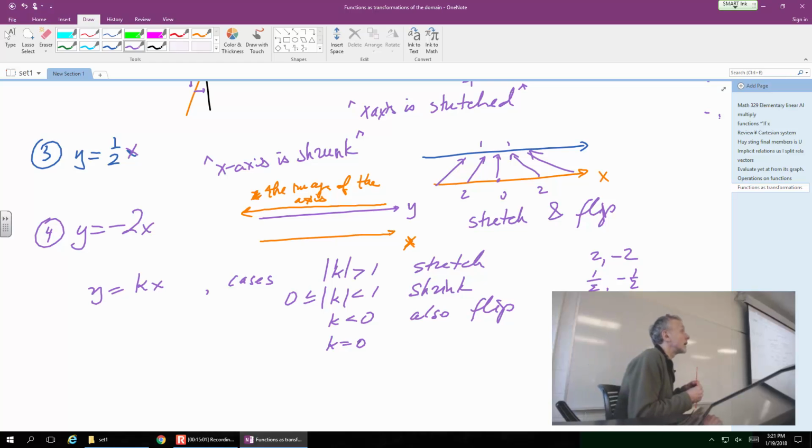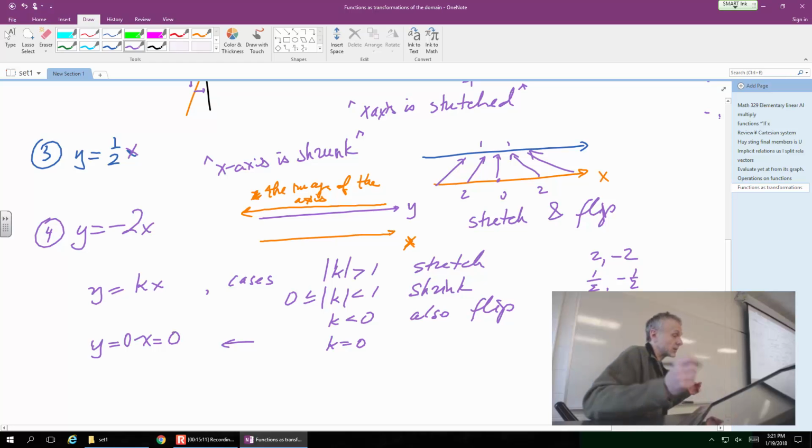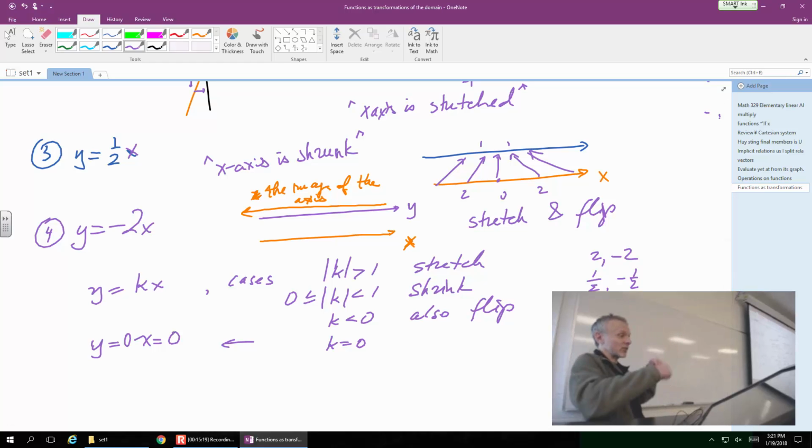K equals 0, which means that I'm talking about y equals 0 times x, which is equal to 0. What is it? It does something. It is a point, right? So you take this x-axis and somehow turn it into a point.